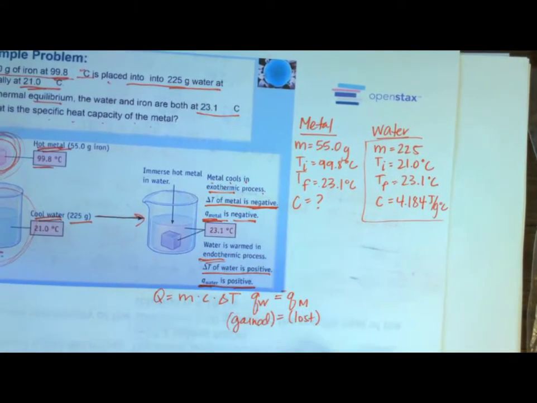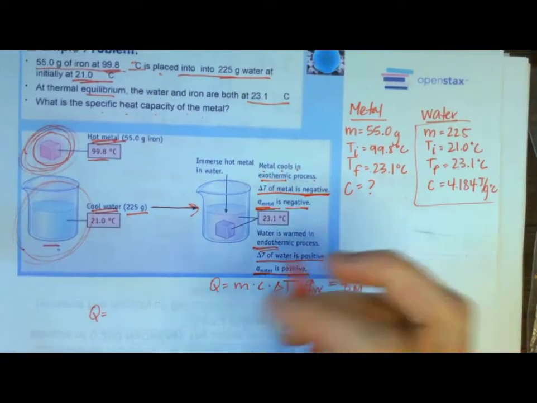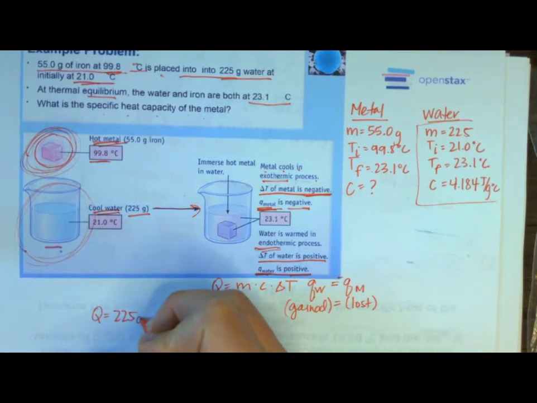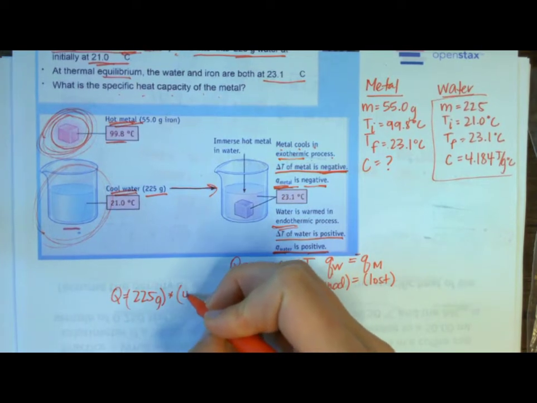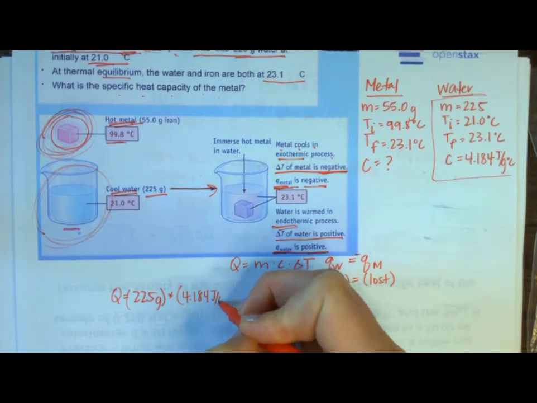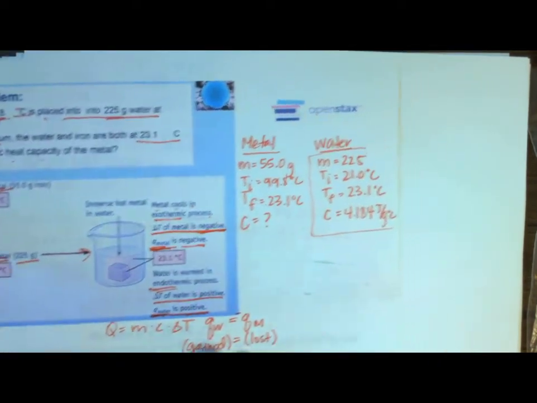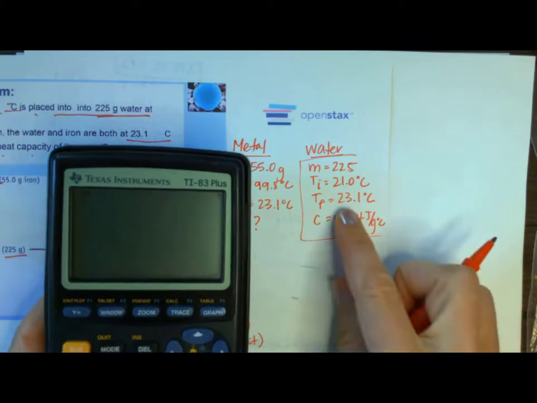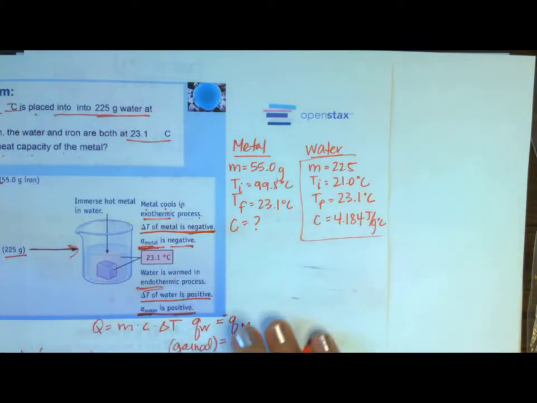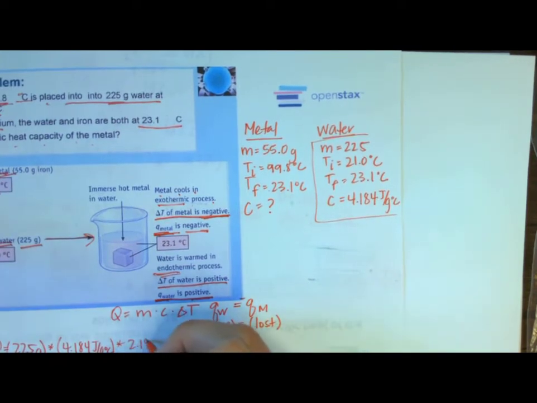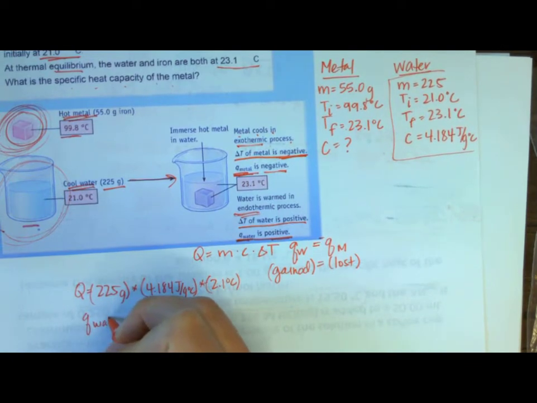That is our endothermic process. So let's do our mass, our 225 grams, times our specific heat, 4.184 joules per gram degrees Celsius, and our change in temperature, let's do 23.1 minus 21. I should know that this was 2.1. So this is for our water.